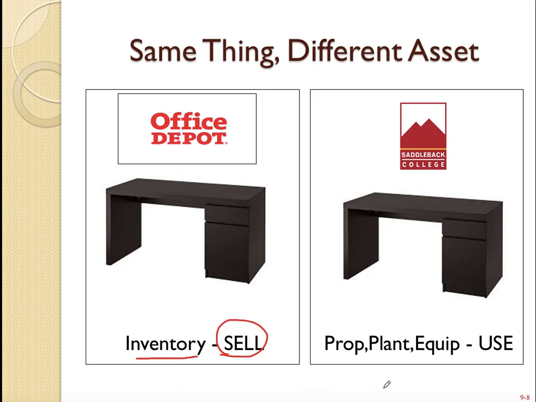Saddleback College, on the other hand, is planning to use the desk. Therefore, they call it property, plant, and equipment. So it's not so much what the asset itself is, it's what is the company's intended purpose for it. They plan to sell it or they plan to use it. And that's how a desk can be 2 different types of assets depending on which company you're talking about.